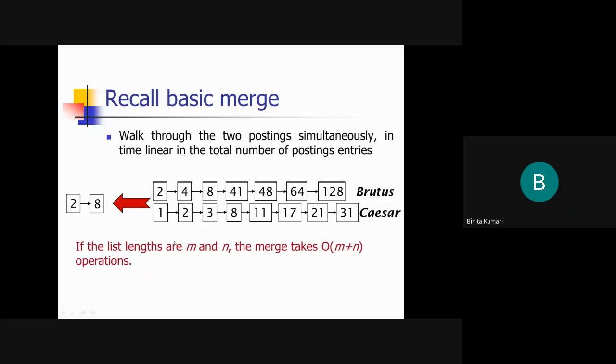Here we are doing a linear scan, one after the other, comparing with this posting list. When we are going one by one, I think it's taking a lot of time. We know that both the posting lists are in sorted order.